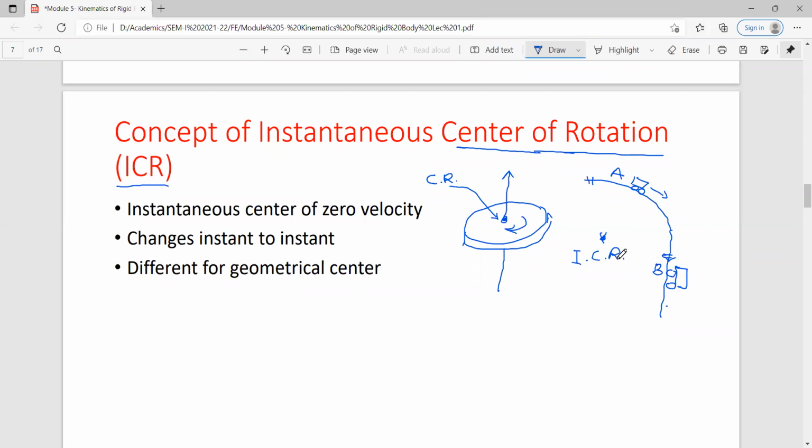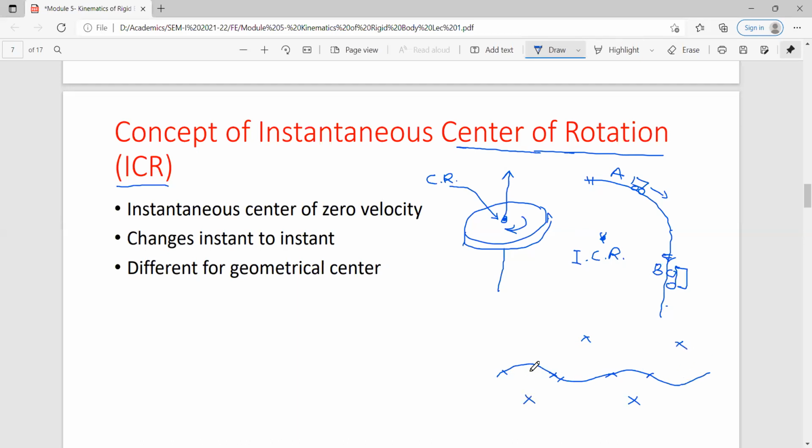So that's why now we call it the instantaneous center of rotation. Suppose the path of the car is like this. For this portion of the curve, from here to here, the center will be here. Then the portion of the path from here to here has its center here, and this particular portion has its center here.